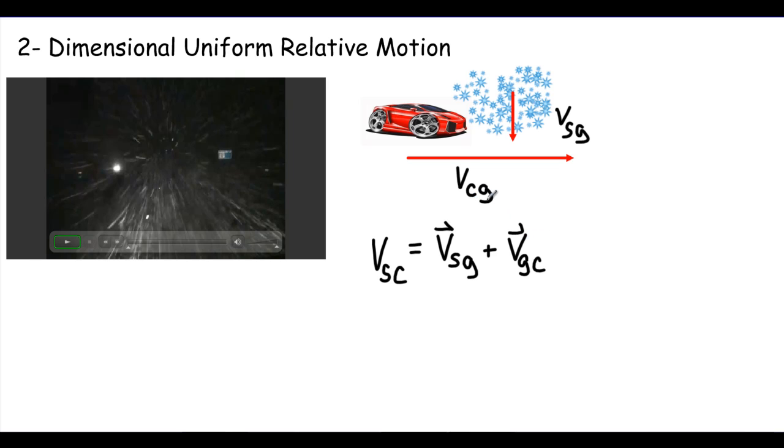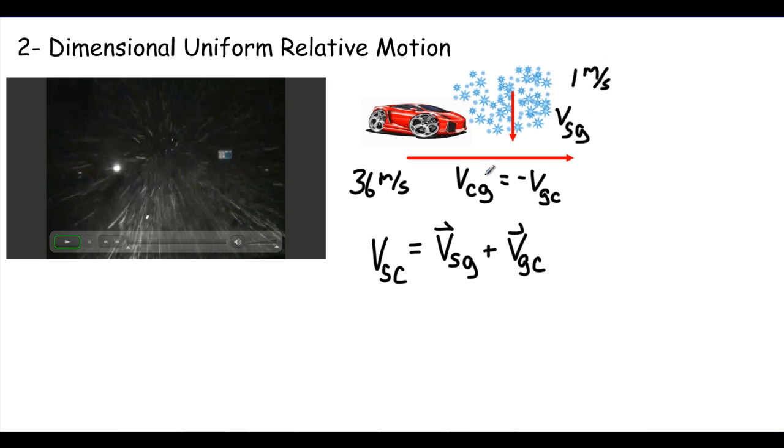Because look, I only know the velocity of the car with respect to the ground, and I only know the velocity of the snow with respect to the ground. I don't know the velocity of the ground with respect to the car. I do know that it's going to be the opposite of the velocity of the car with respect to the ground. So let's say the car is traveling at 36 meters per second, and the snow is falling down at 1 meter per second.